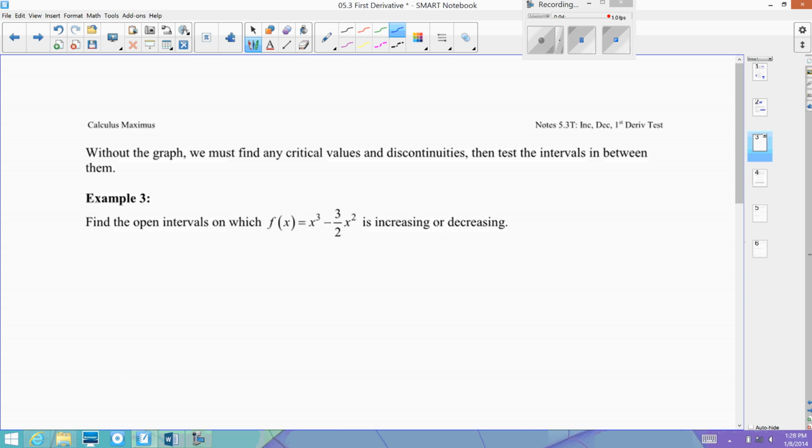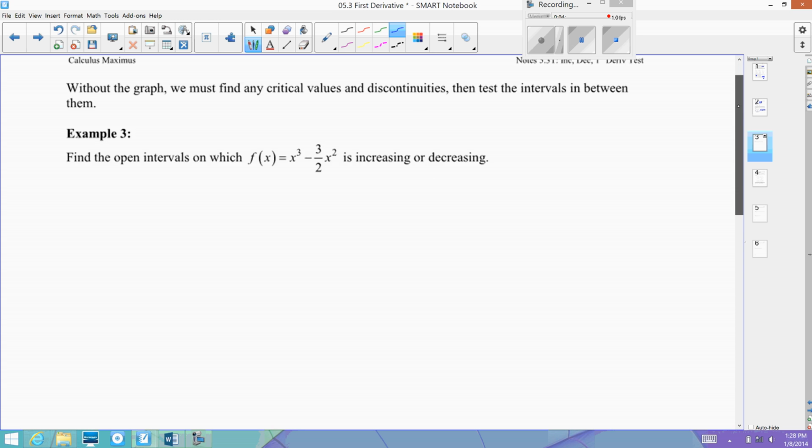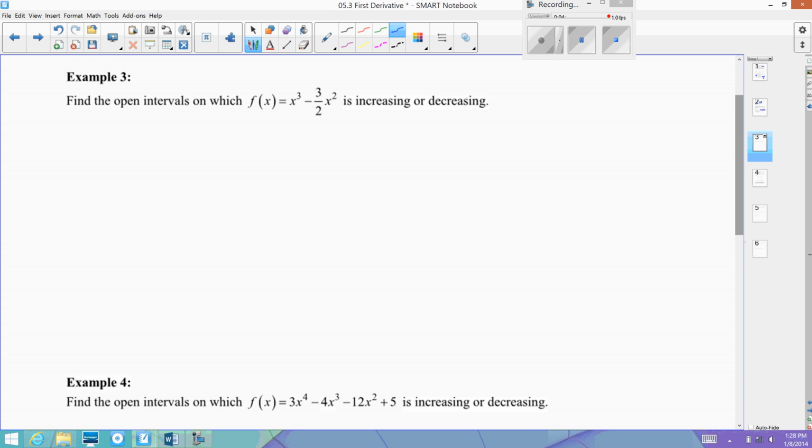All right, so without the graph, we have to analyze the algebraic representation of the function. So if we're looking at this function here, we're going to try to figure out where the derivative is positive or where the derivative is negative or 0. All right, so we take the derivative, it's 3x squared minus 3x.